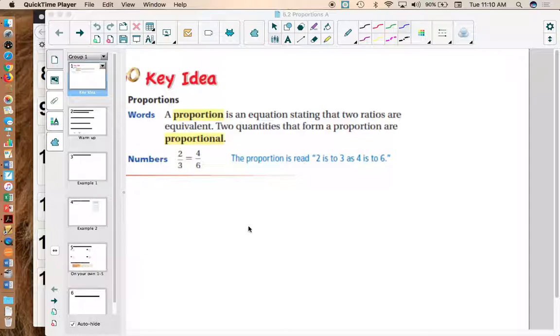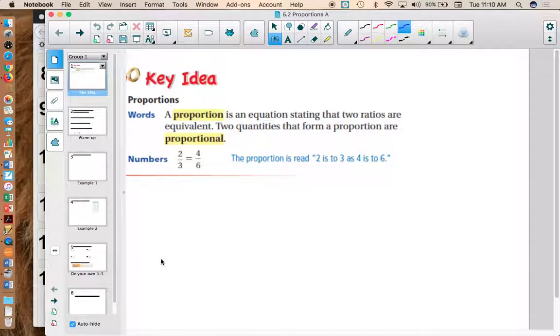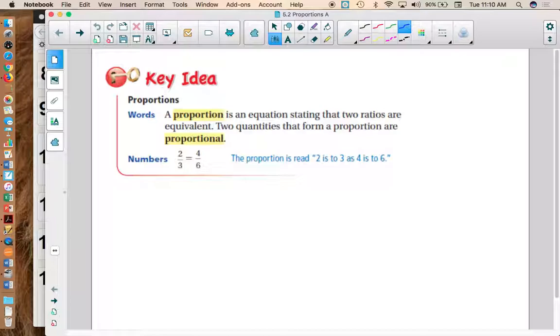So, looking at two quantities that form a proportion, we say that they are proportional. So if I have 2 bananas to every 3 apples, I'm just going to throw something here.